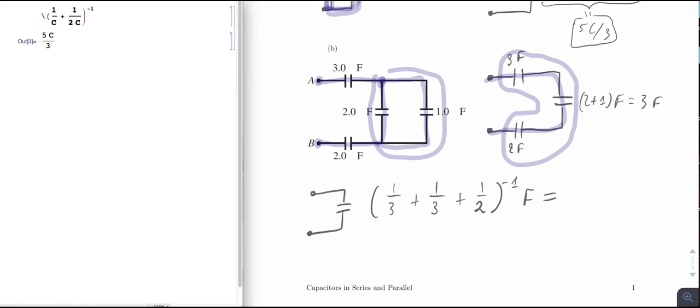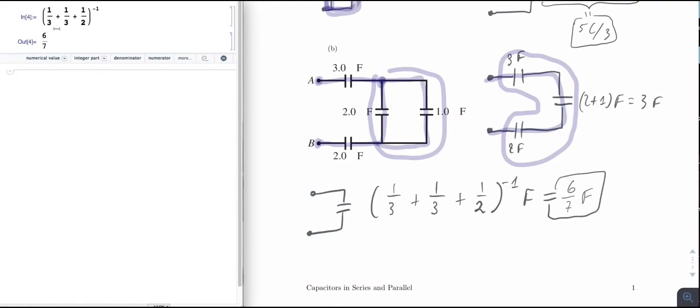I have 1 over 3 plus 1 over 3 plus 1 over 2. And the unit was farad. So I have 6/7 farad.